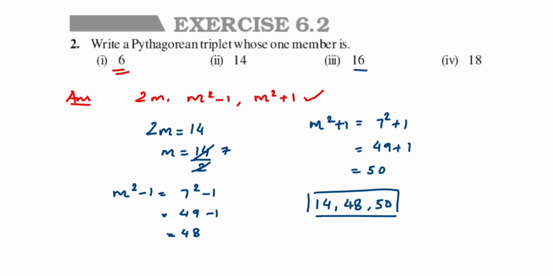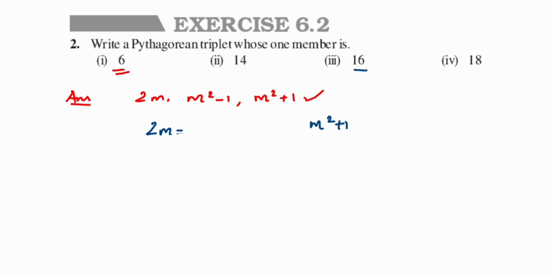Again 16, which is an even number, so I'll just continue here itself. So m is equal to 16 upon 2, which is 8. From here, m square minus 1 will be 8 square minus 1, which is 64 minus 1, which gives me 63.